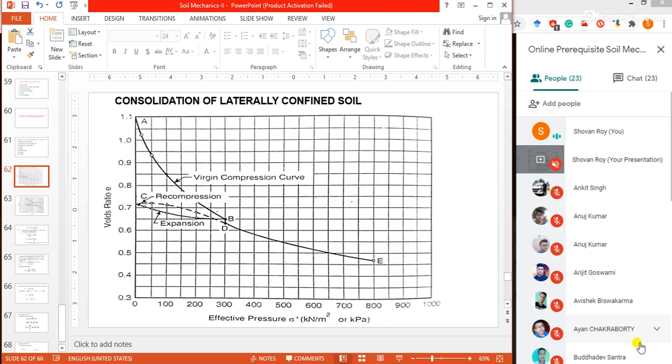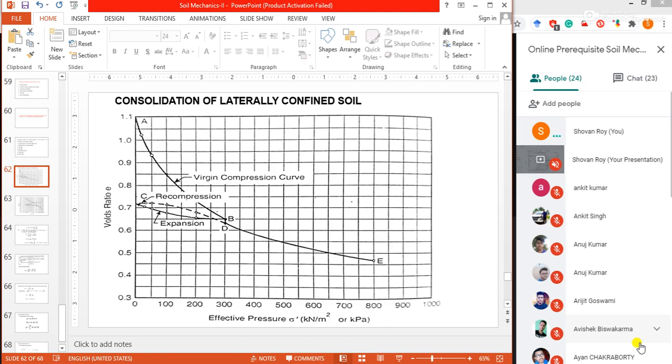At the equilibrium stage, the applied pressure naturally becomes the effective pressure, that is sigma dash, on the soil. The pressure can then be increased and a new equilibrium voids ratio is attained. Thus, a relationship can be obtained between the effective pressure sigma dash and the equilibrium void ratio e, generally called void ratio only.